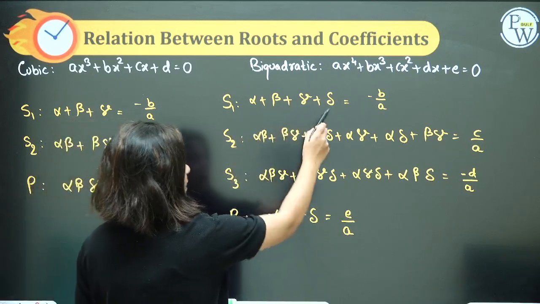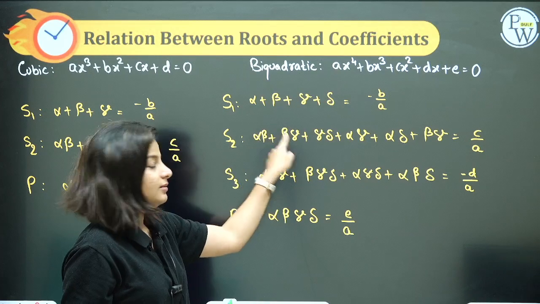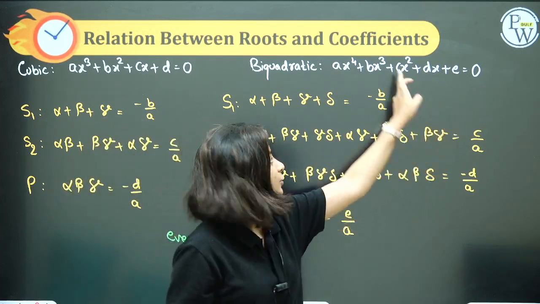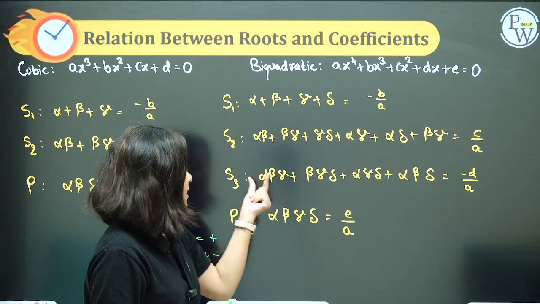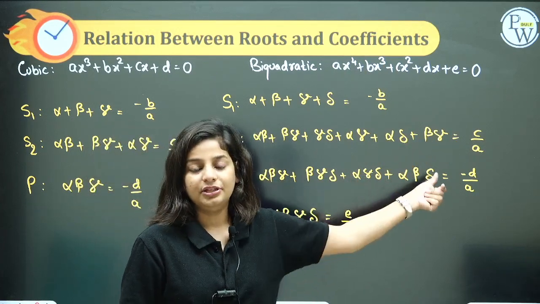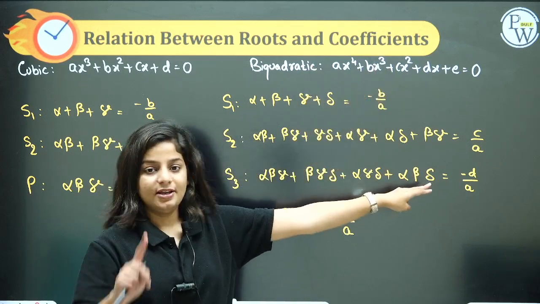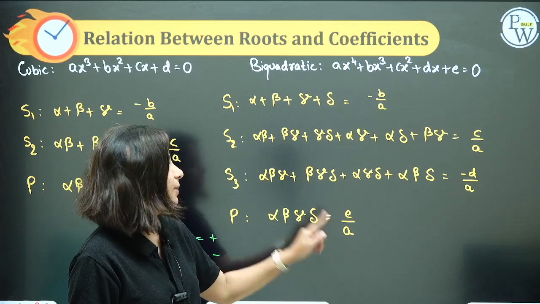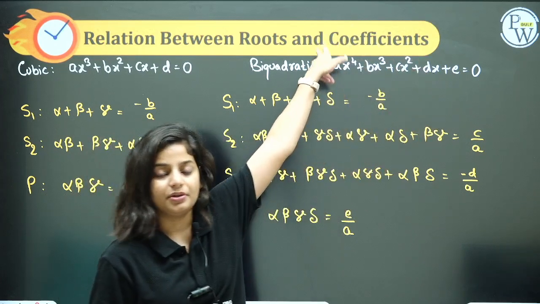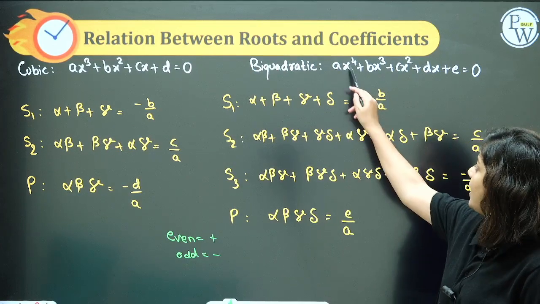So alpha, beta, gamma, delta, 4 roots, minus b by a. Then pair it up, you will get plus c by a, because pairing 2 terms. Then tripling, minus d by a, minus sign, you know why, and then double pairing, e by a. The last term: product is always constant upon coefficient of highest degree.